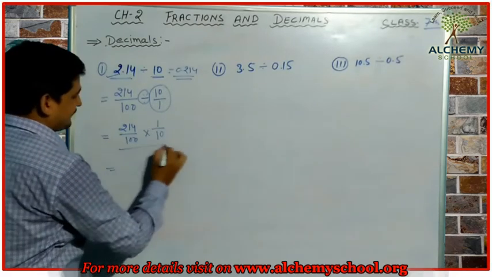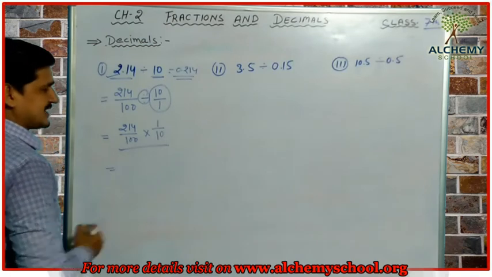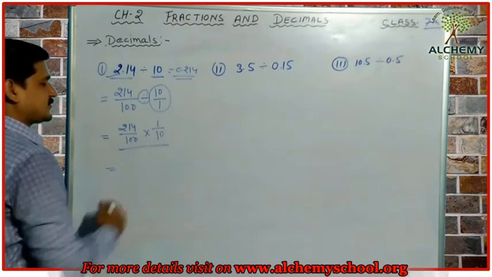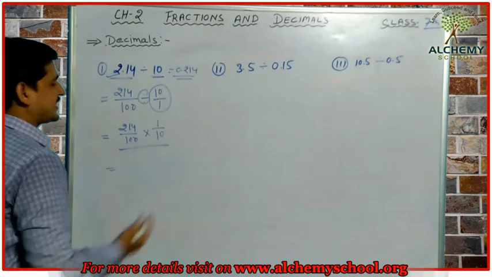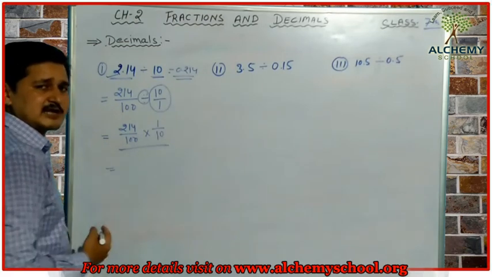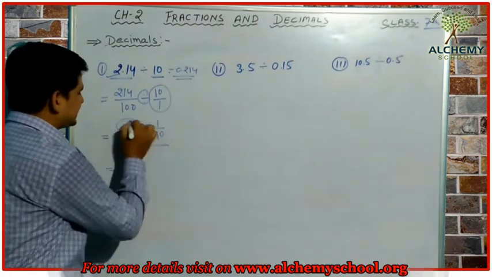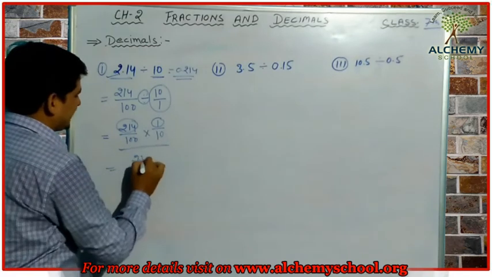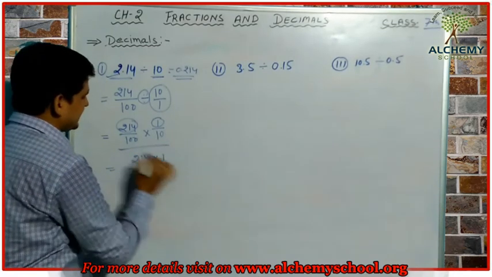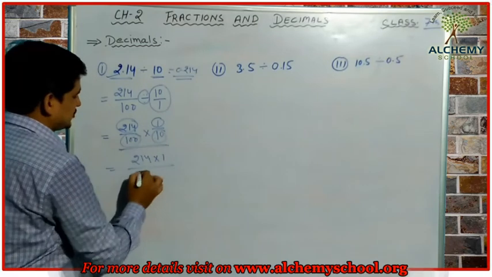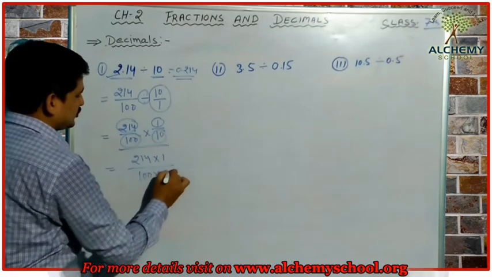Now we have the multiplication of two fractions, and in the previous class we have all seen how we can perform multiplication of fractions. Numerators will be multiplied, so 214 into 1. Denominators will be multiplied, so 100 into 10.